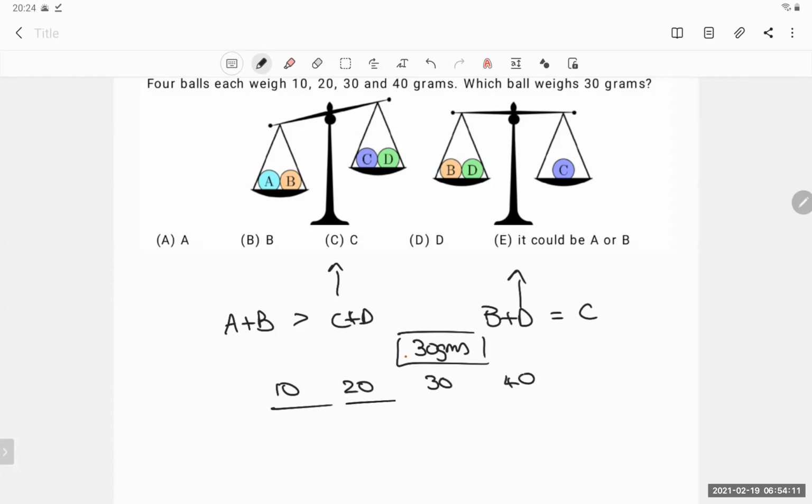These are the weights of 4 balls. C, sir. Okay. Anybody else with a different answer or the same answer?